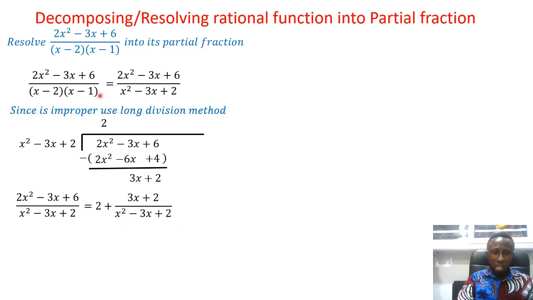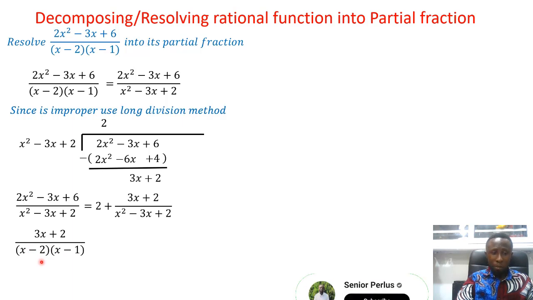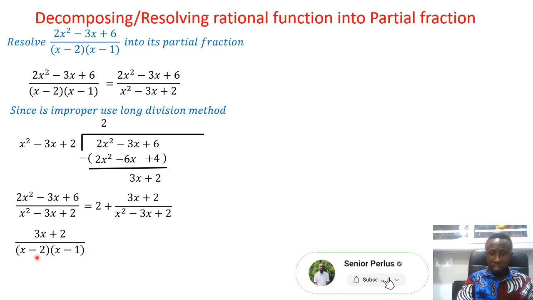So if you resolve only this, you see that it's only that part you are resolving. So now, know the nature, know the type. My denominator here has distinct factors, right? Because they are different factors. If it is distinct factors, it's equivalent to what?